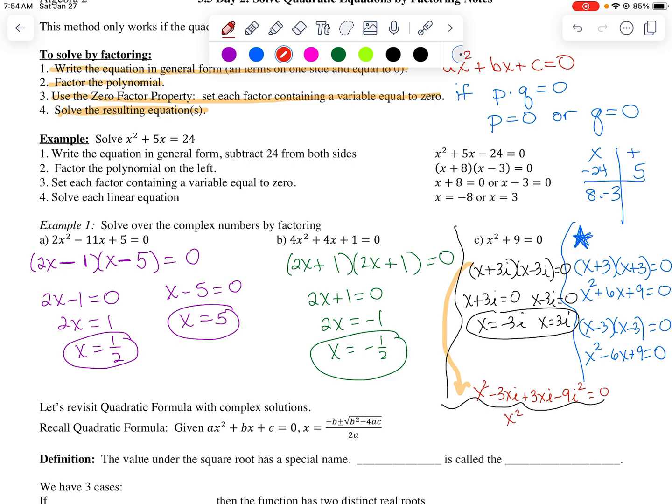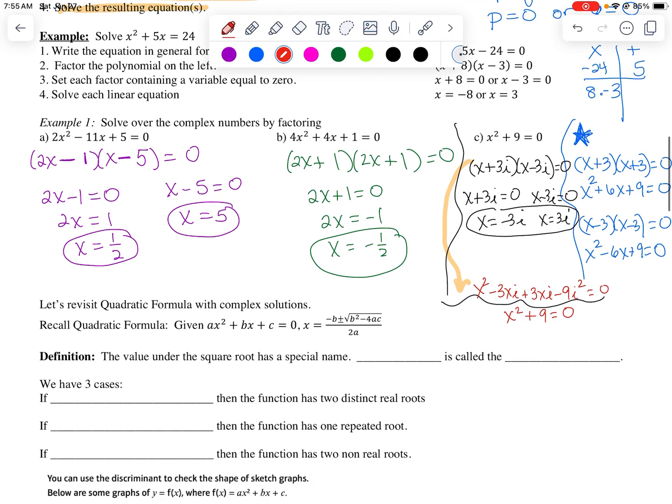Do you see now that the minus 3xi and the plus 3xi cancel? And what's i squared? i squared is -1. Oh, so here's something really cool. Now I can, in fact, factor over the complex numbers x squared plus y squared, if there's two perfect squares.